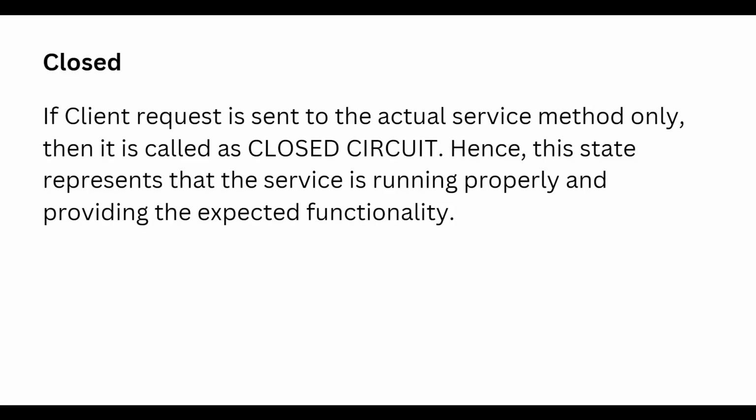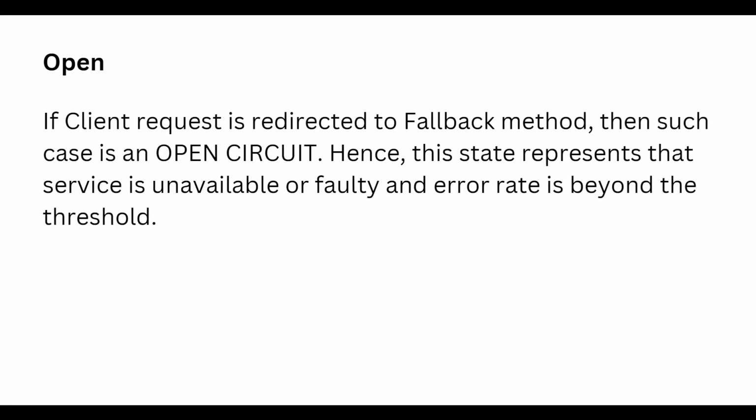Hence, this state represents that the service is running properly and providing the expected functionality. Now open: if the client request is redirected to the fallback method, then such a case is an open circuit. Hence, this state represents that the service is unavailable or faulty and the error rate is beyond the threshold.